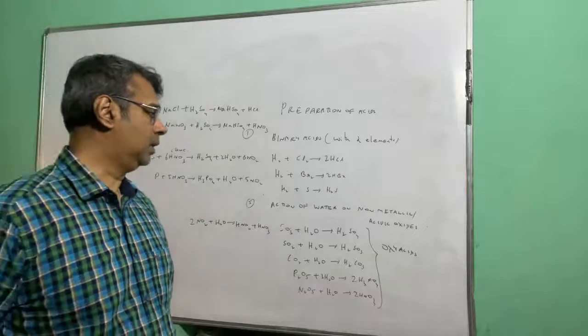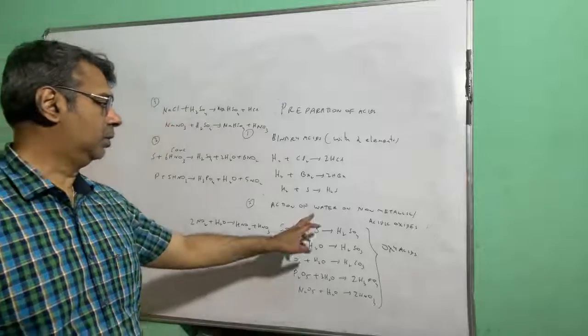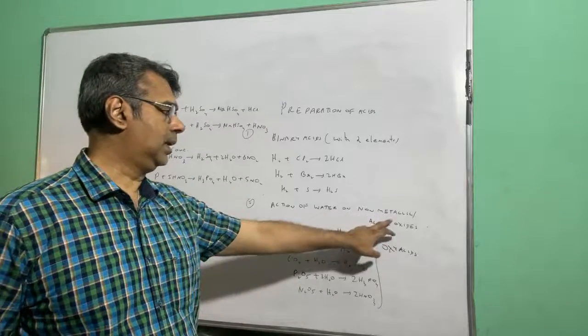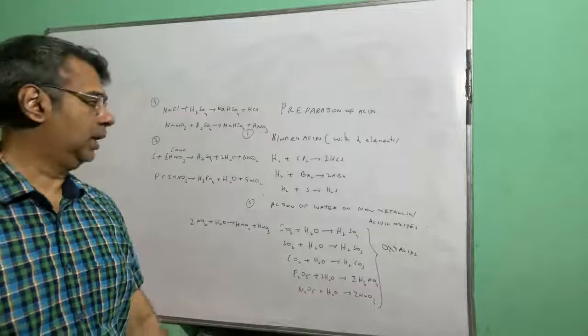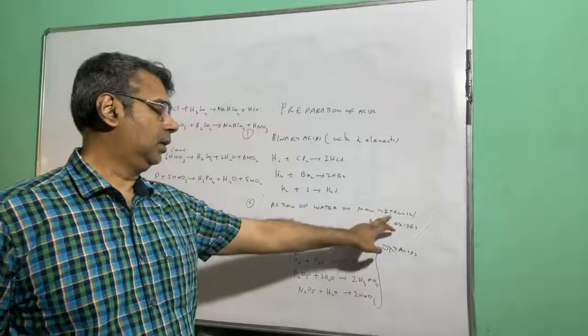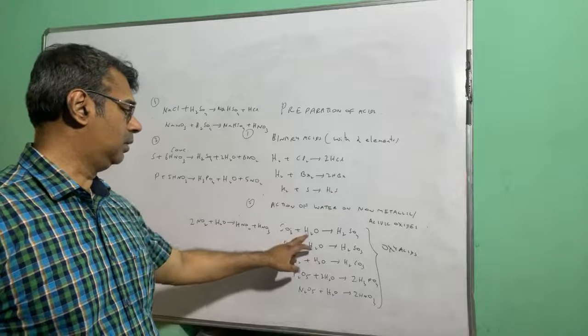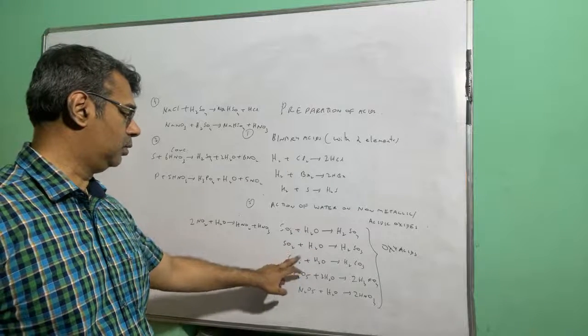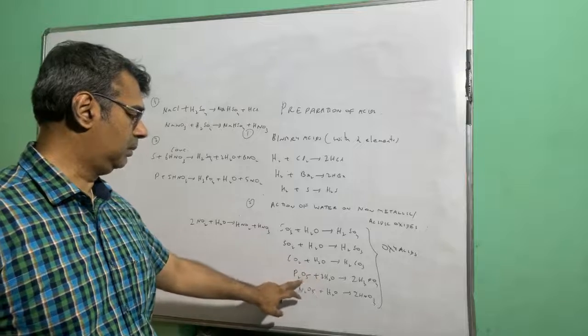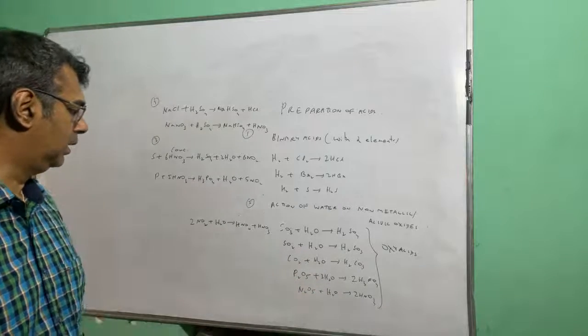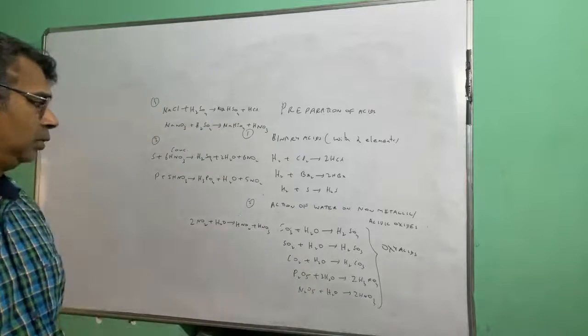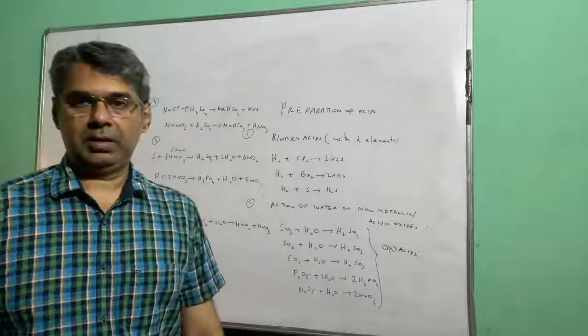The second method is that if you make water react with a non-metallic or acidic oxide, so suppose water with SO3, water with SO2, water with CO2, water with P2O5, water with N2O5 and water with NO2. These are all acidic oxides.